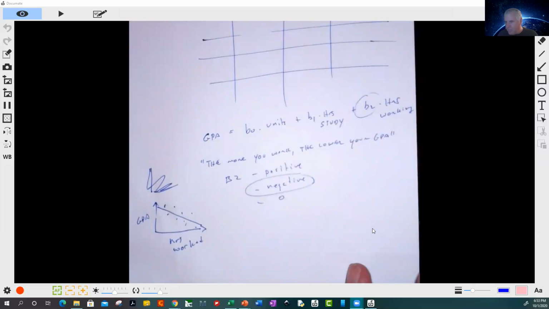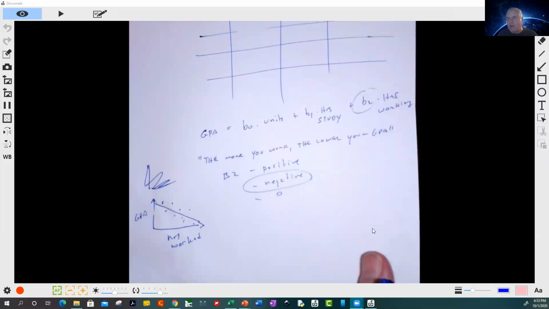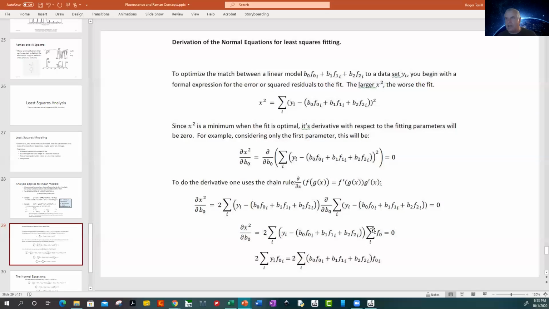So that is pretty much all I want to say on this subject. Let me go back to the PowerPoint here, and let's look at some of the baffling, mysterious mathematics. Chi squared is equal to the sum over I of y sub I minus B0 F0 plus B1 F1 plus B2 F2, whole quantity squared, right? Does this make sense to you?